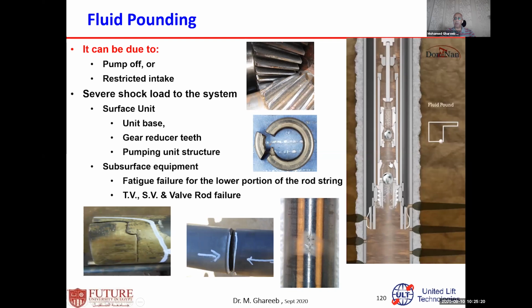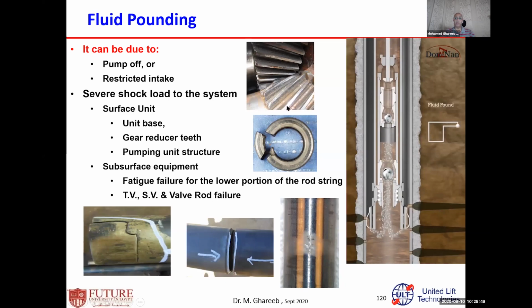The traveling valve and standing valve can suddenly hit the weight of the fluid. Usually this is the seat of the ball, and it can be broken in different ways. Not only that, when the fluid hits inside the barrel, the barrel of the pump can have problems, and the extension of the barrel can split or break.